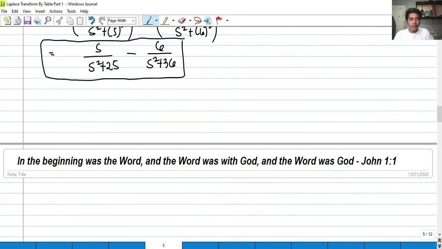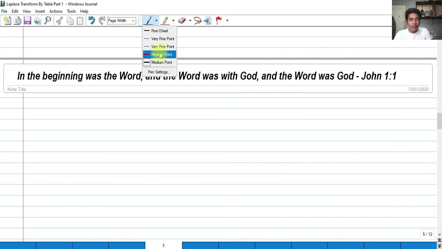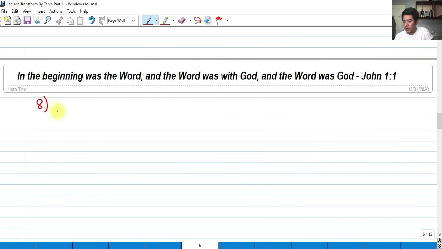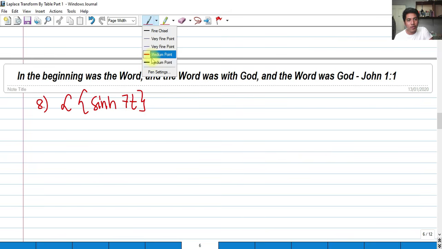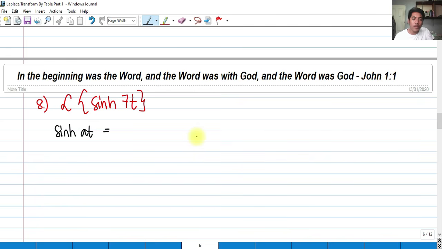Okay, for number 8, we have three remaining examples. We have the Laplace transform of the hyperbolic sine of 7t. We know that for a hyperbolic sine at, the Laplace transform according to our table is a over s squared, and the only difference, since it is hyperbolic, is that this should be negative.